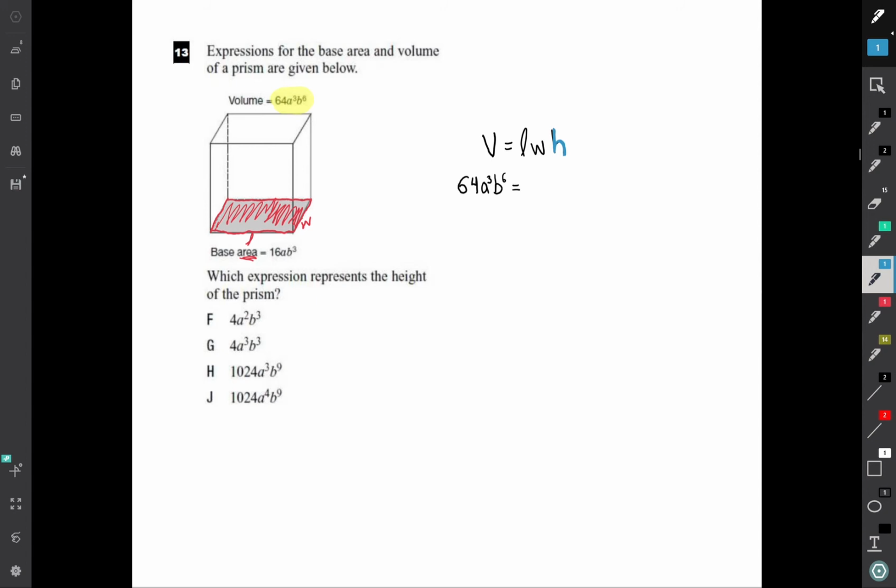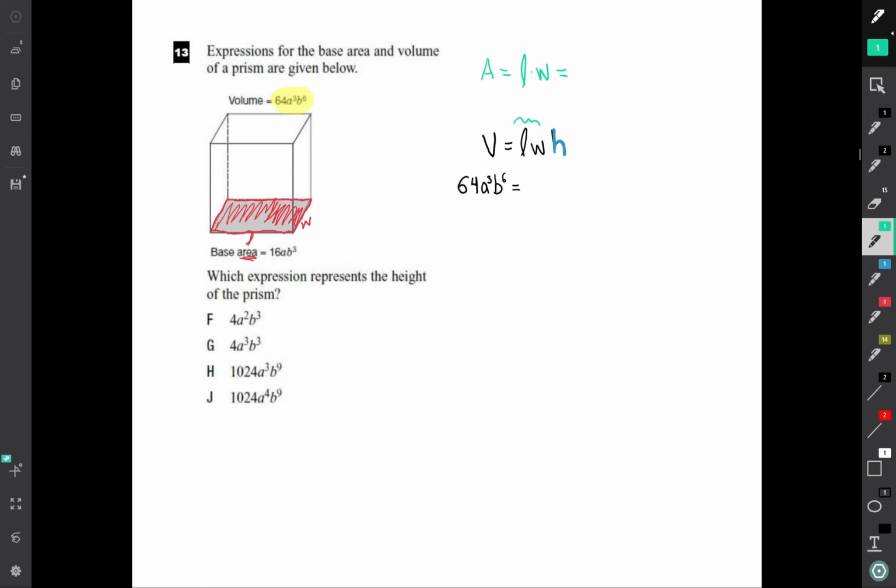We aren't directly given the length or width, but we are given what length times width is equal to, because we're given the area of the base, and the base is a rectangle.